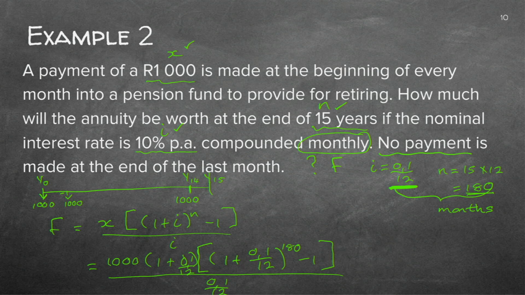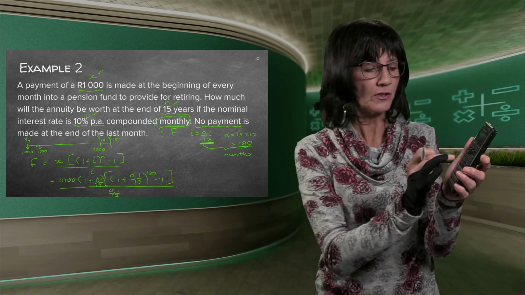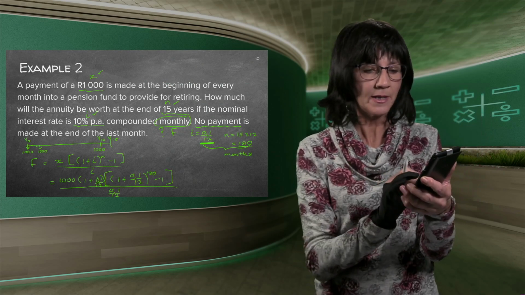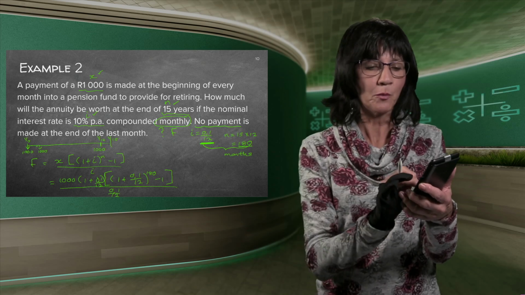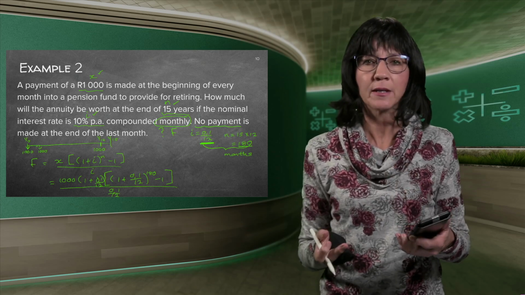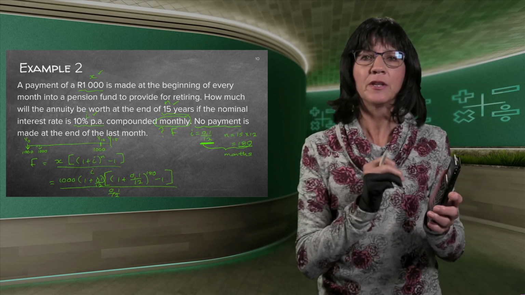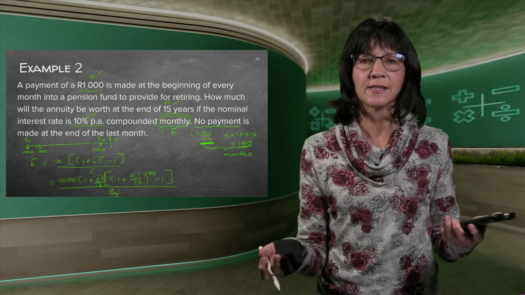Go to the right-hand side of my sum. Finish the bracket to the power of 180. Make sure if you're on the exponent that you go with the cursor to the right-hand side on normal numbers, minus 1. And very important, close your bracket now. Many times if you're in a hurry, you don't close that bracket. And when you then get to your answer equals, it will say error.